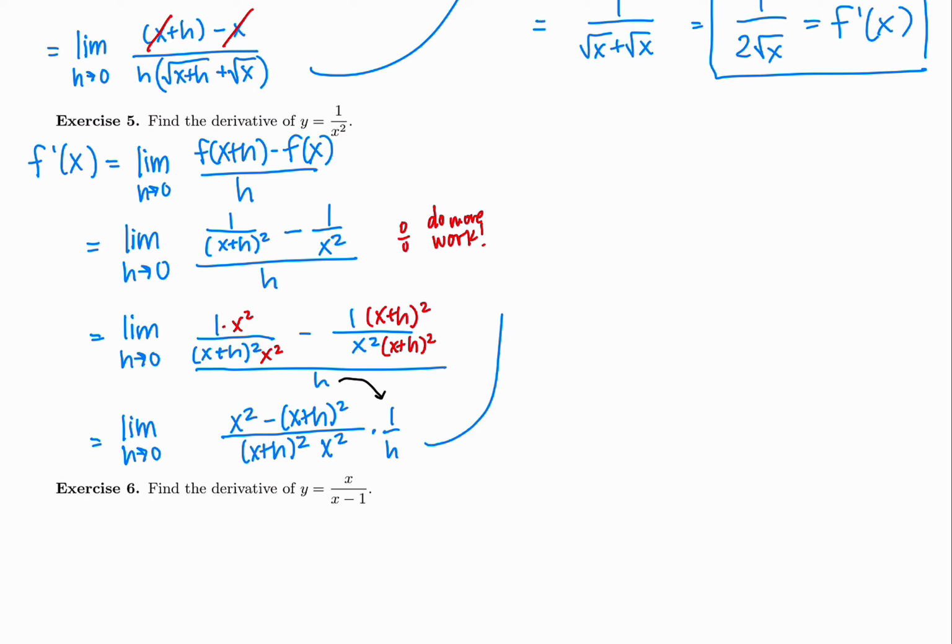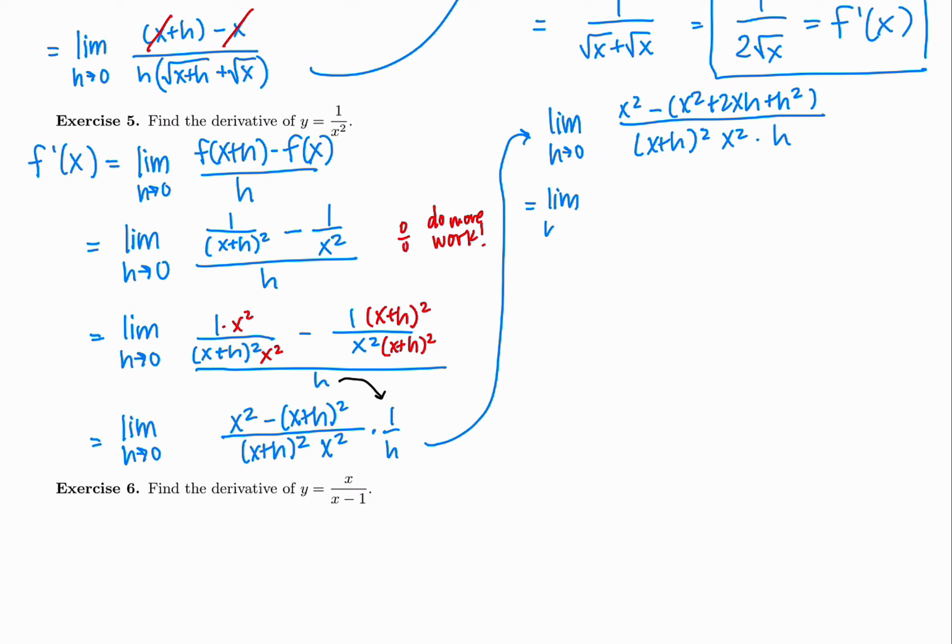So this is the limit as h approaches 0 of x squared minus, and now I need to FOIL x plus h squared, so that's x squared plus 2xh plus h squared, all over x plus h squared, x squared. I'm just going to throw the h there. I can just kind of move it into the denominator, right? Multiply by everything. So this is the limit as h approaches 0.